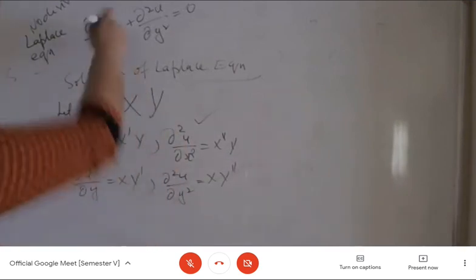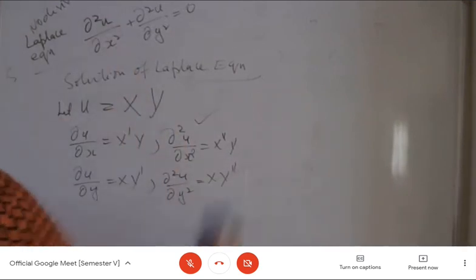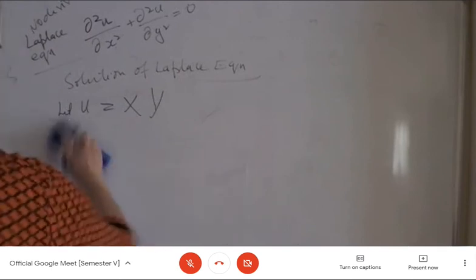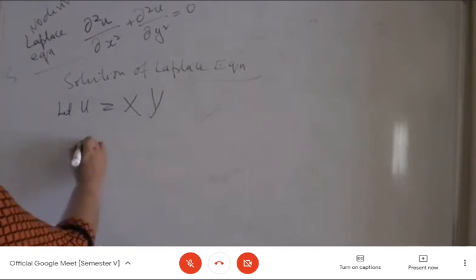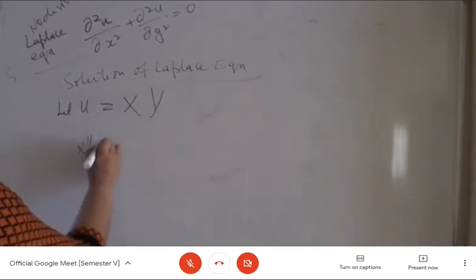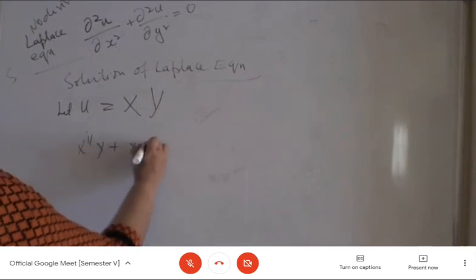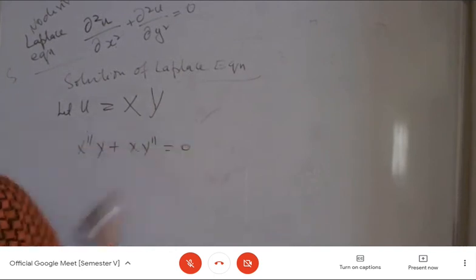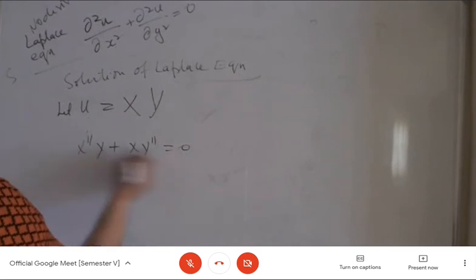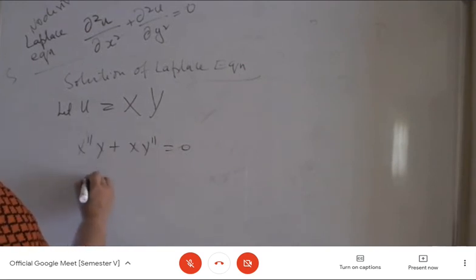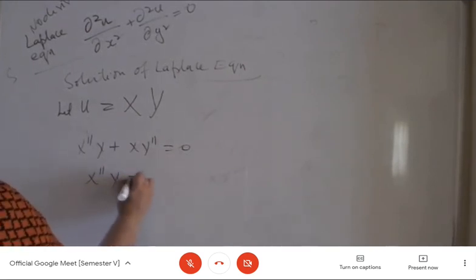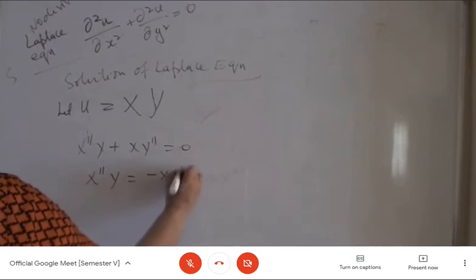After getting these two, substitute here. So you will get X''Y plus XY'' is equal to 0. What is the next step? You have to bring the variables to each side. So X''Y is equal to minus XY''.